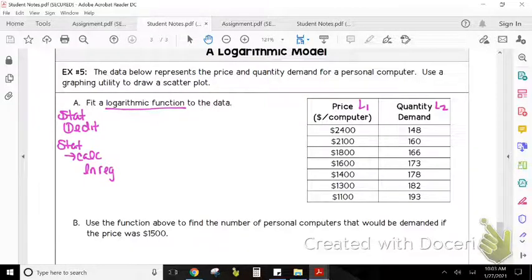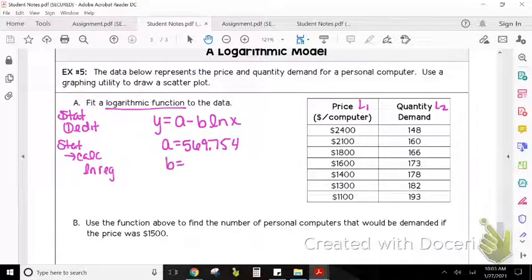And then calculate it. And so it should tell you a minus b natural log of x. It's going to tell you like a is 569.754. B is 53.907.